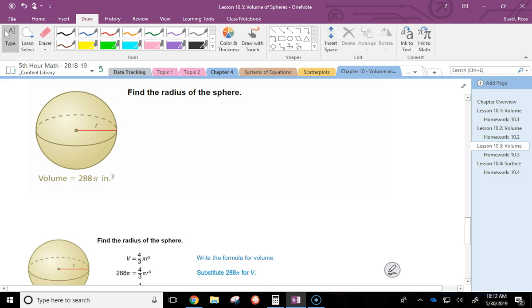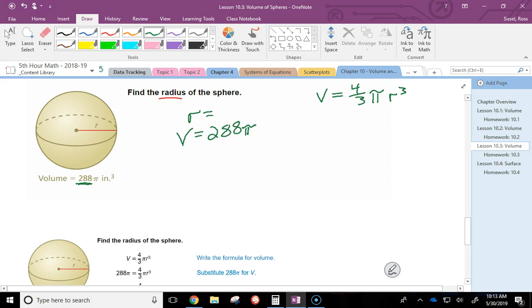This one, find the radius. So, we still have volume equals 4/3 pi r cubed. R is missing. Volume, this is the tricky part, is 288 times pi.